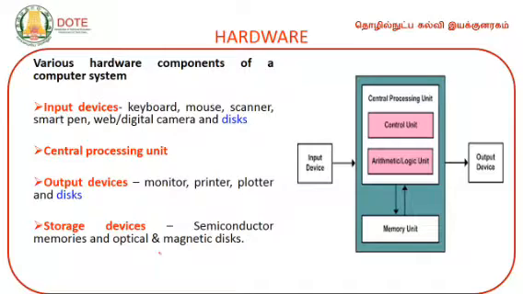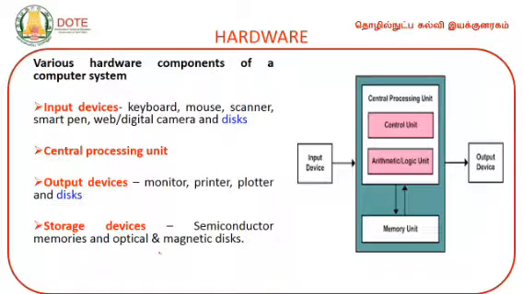Then output devices like monitor, printer, plotter and disks. Here disks are used both as input and output devices, because the data can be read as input from the disk, as well as the data can be stored in the disks. So, it can act as both input and output devices.